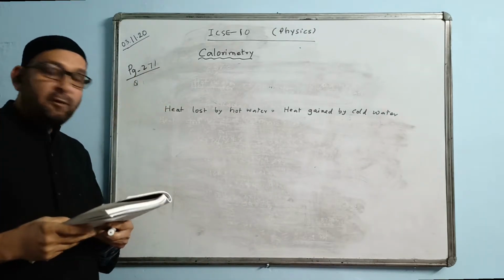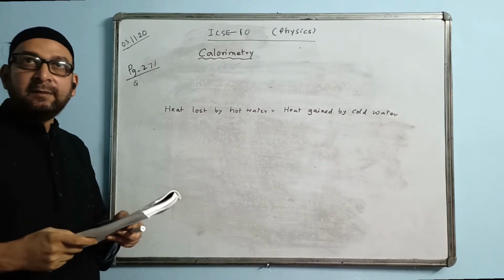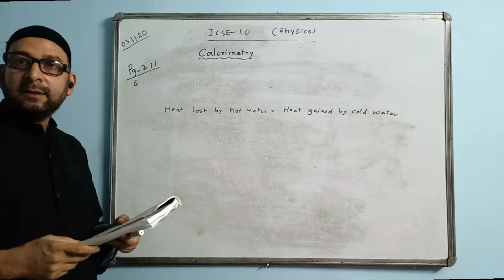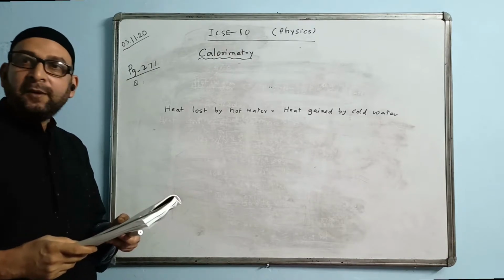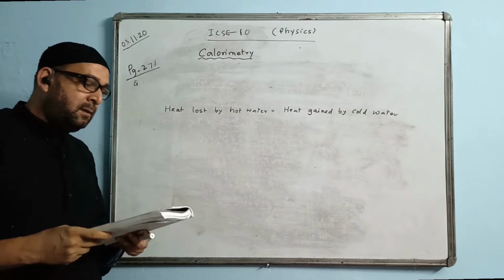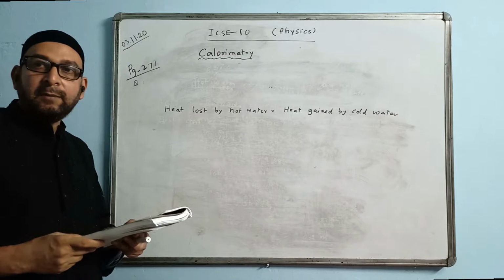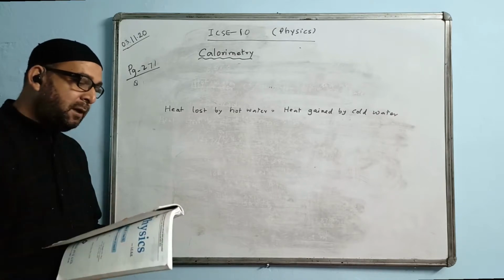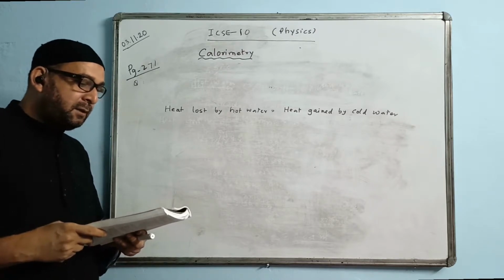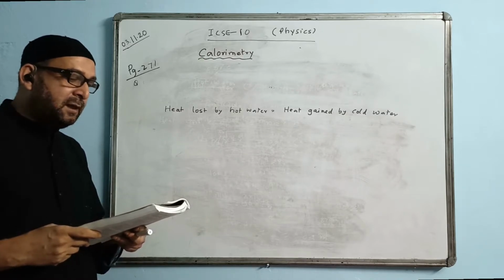The question says: a mass of 50 gram of a certain metal at 150 degrees Celsius is immersed in 100 gram of water at 10 degrees Celsius.